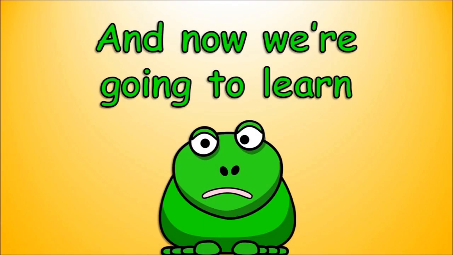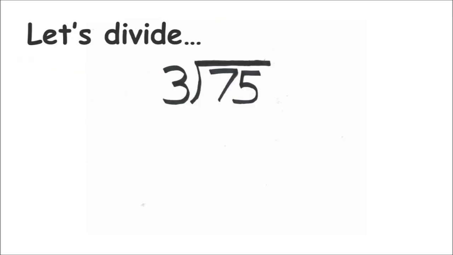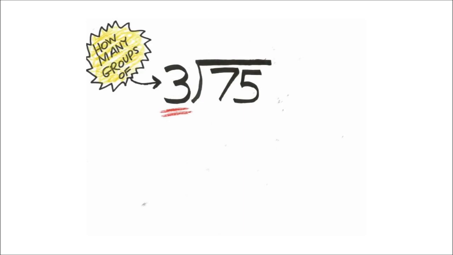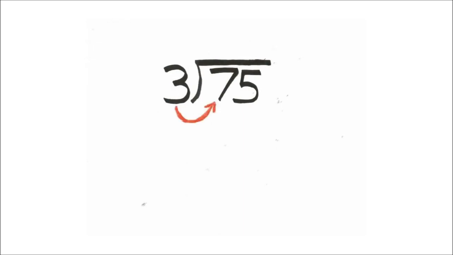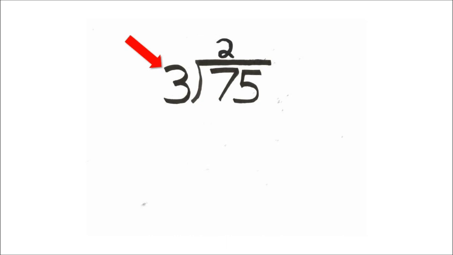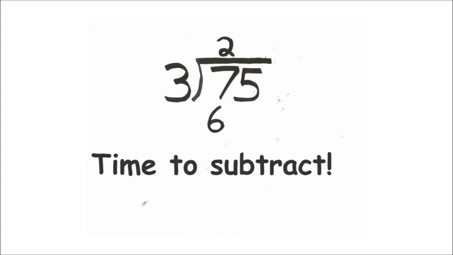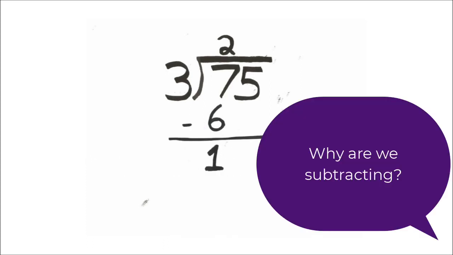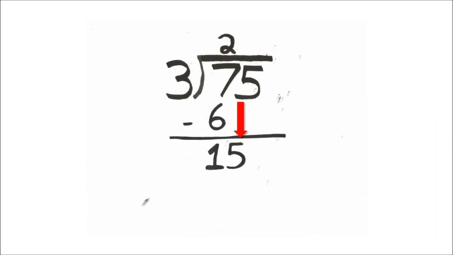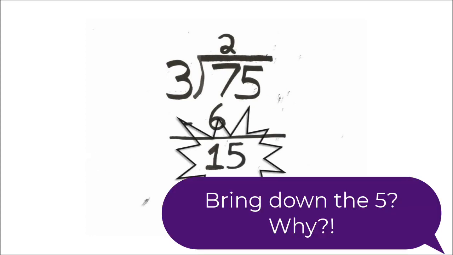And now we're going to learn how to divide. It's a math problem, but we'll try our best to make it rhyme. Now let's divide 75 by 3. You gotta find out how many groups of 3 you'll need. 3 goes into 7 only 2 times. So you write the number 2 on the line above the 7. Multiply that 2 by the 3. 2 times 3 is 6, so write that underneath where the 7 is. And now it's time to subtract. 7 minus 6 is 1, so be sure to write that. And now it's time to bring down the 5 beside the 1. Now a 15 comes alive.